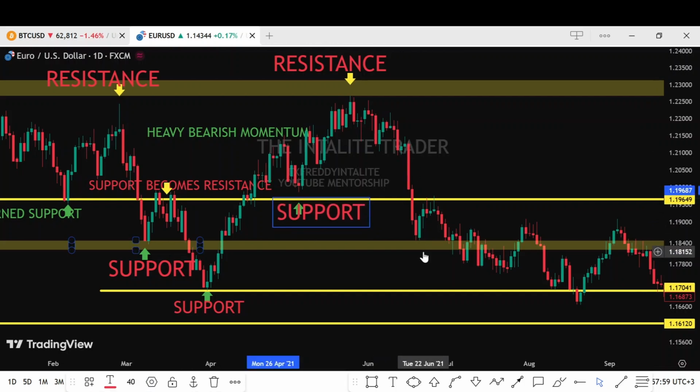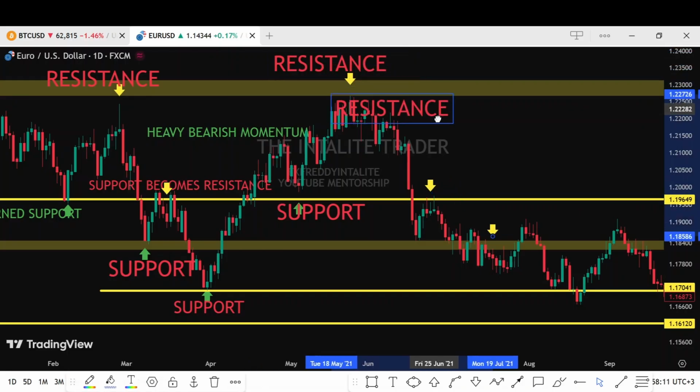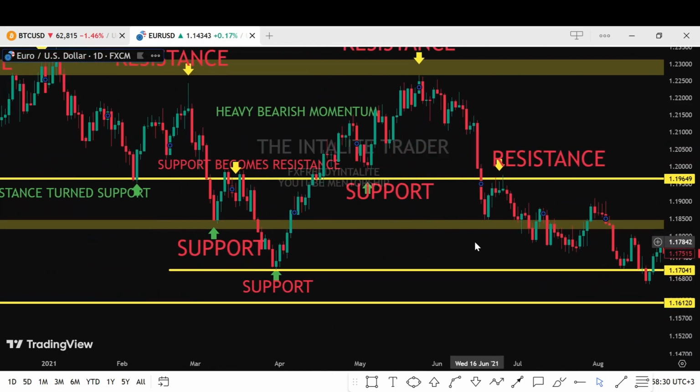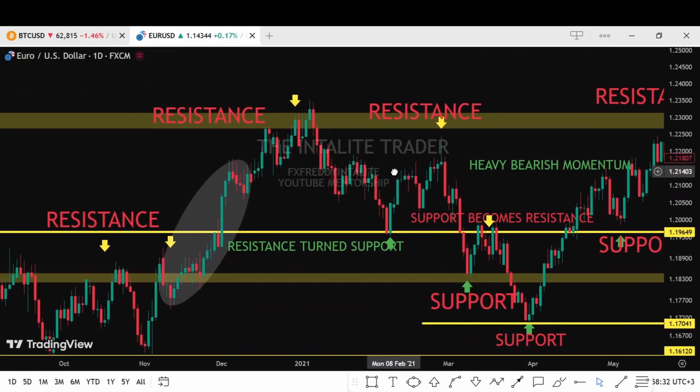So once price breaks below it, it becomes resistant to price. So it becomes resistance again, and then price traded lower and lower and lower, creating other support levels and resistance. So we see price here comes and finds resistance. So this is support and resistance.